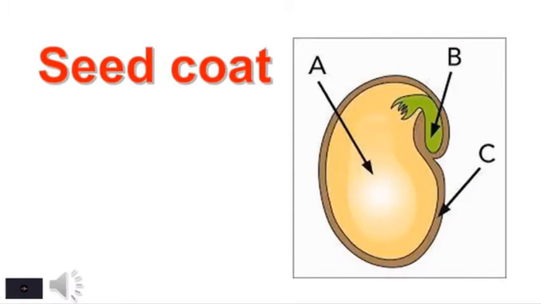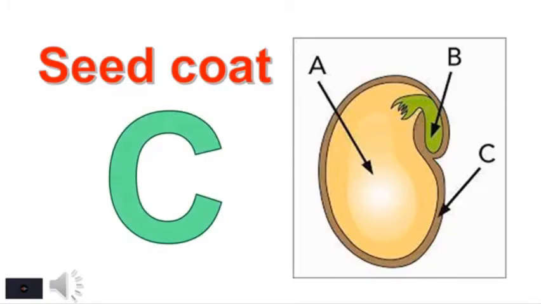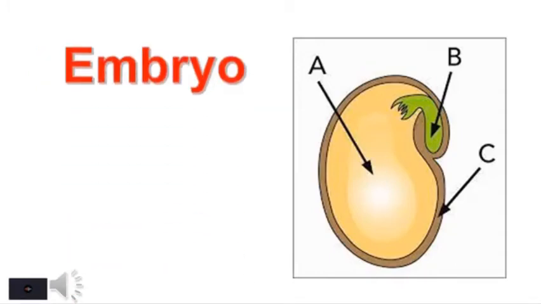Let's practice. Number 1. Where is the seed coat? Is it A, B, or C? Number 2. Embryo. Where is the embryo?